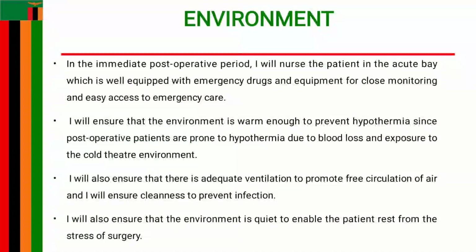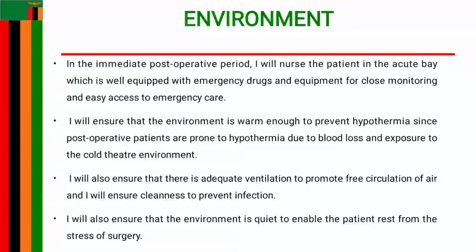The next heading is environment. On environment, of course, you talk about nursing the patient in the acute bay. Even if they're in the post-operative phase, you nurse them in the acute bay because they still have the effects of anesthesia.